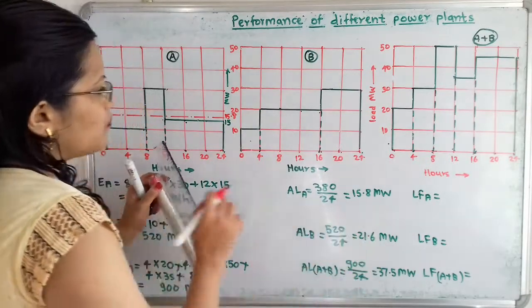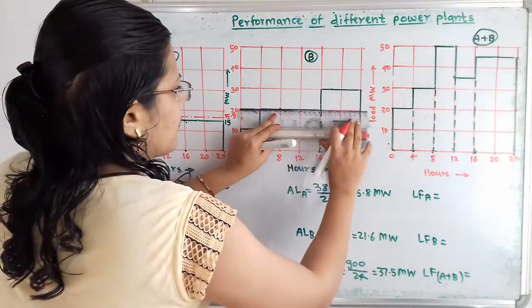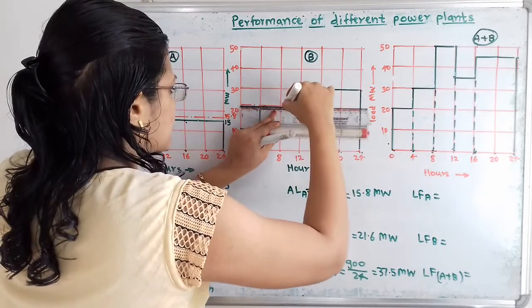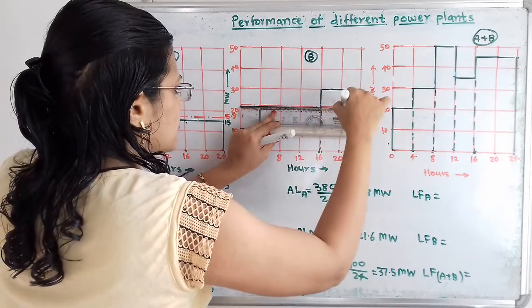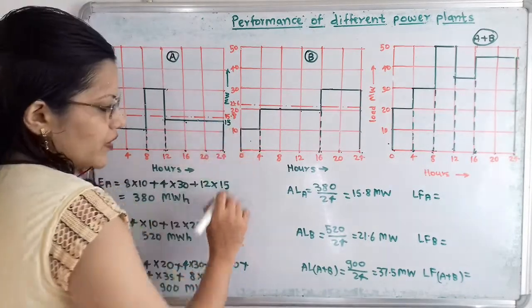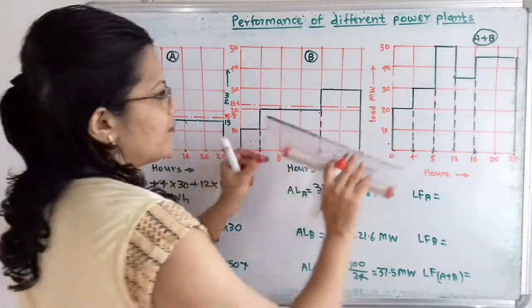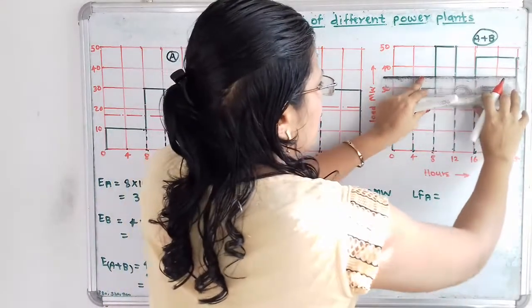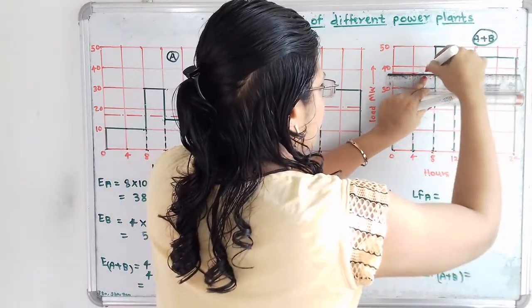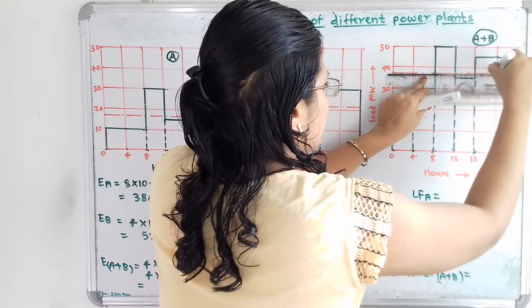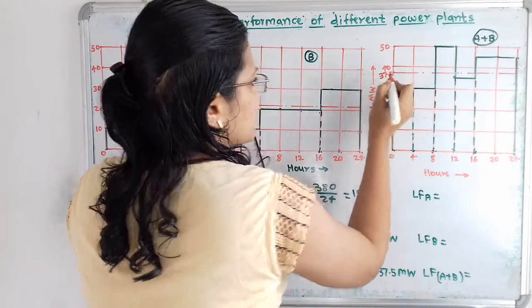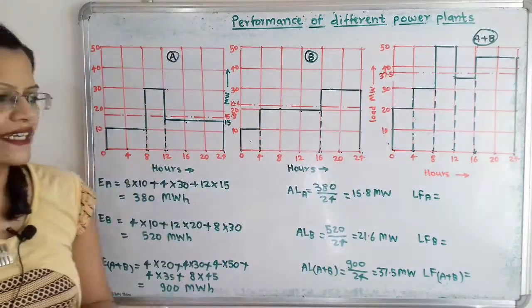Then 21.6, so for this 21.6, and 37.5. So here is 35, so above that we will show 37.5. So this average load is getting calculated.